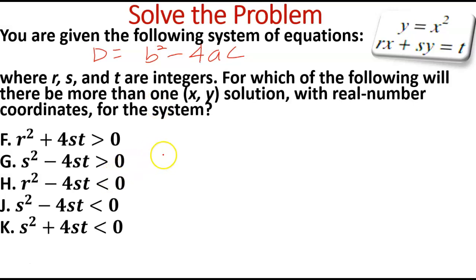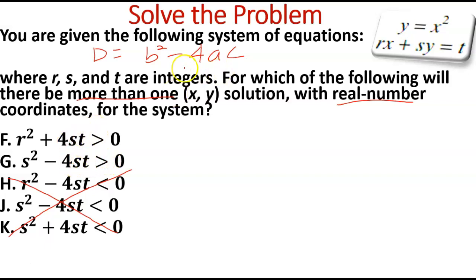For it to have more than one solution, it has to have two real solutions, so the discriminant has to be greater than 0. With that, we can cross out these options. These are all less than zero. So our expression has to be either the first one or the second one.